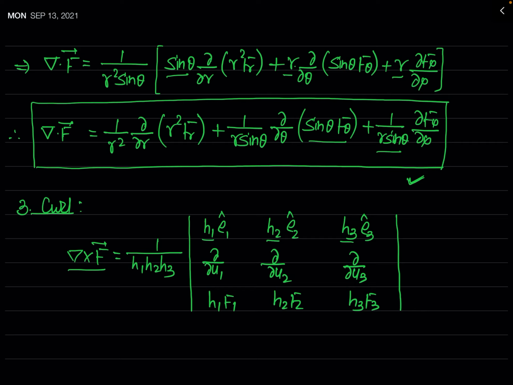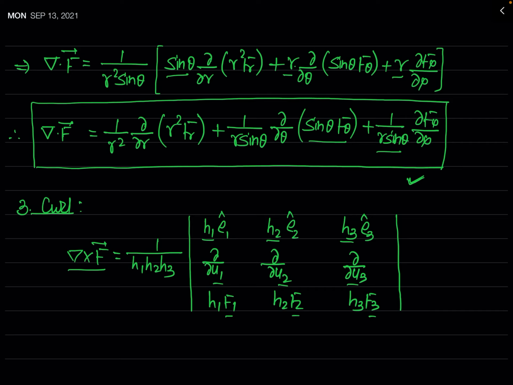Again, these unit vectors e1 hat, e2 hat, e3 hat will be written as er hat, e theta hat, and e phi hat. And u1, u2, u3 will be replaced by r, theta and phi. And again, the components of the vector field f, which are f1, f2, and f3, for convenience we will write as fr, f theta, and f phi. And again in the third row we will substitute the values of h1, h2, h3.